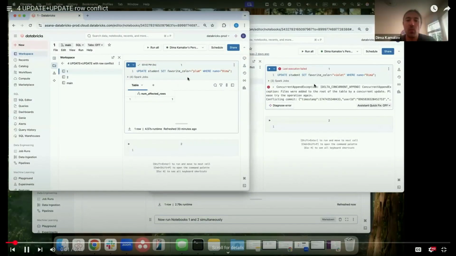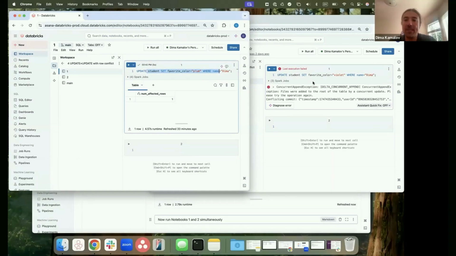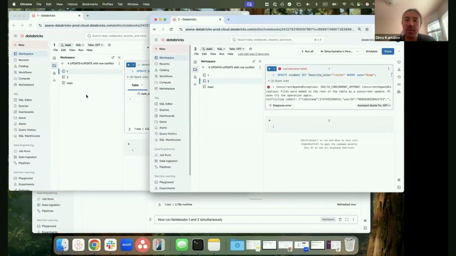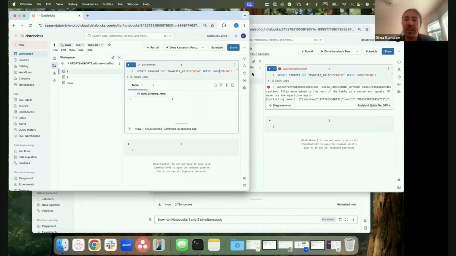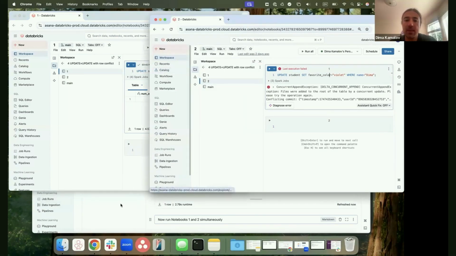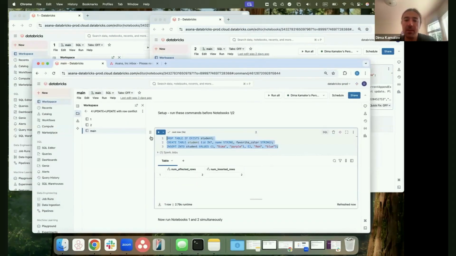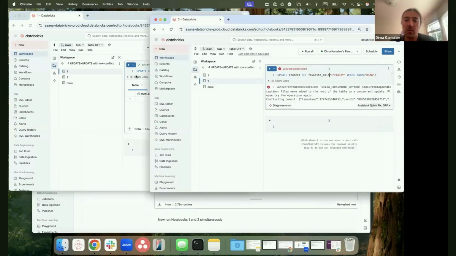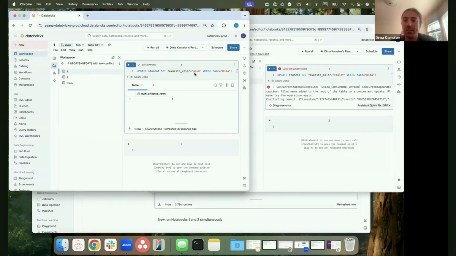In the fourth example, we are going to have 2 updates running at the same time. And in fact, they will try to change my favorite color to 2 different things. So this is back to the base table with write serializable isolation level, not serializable.